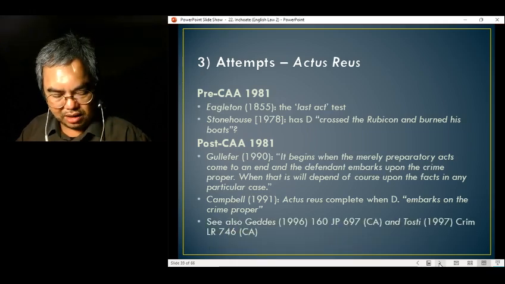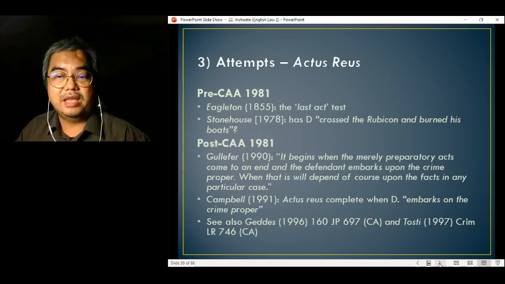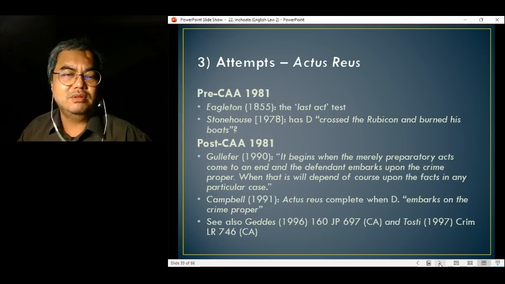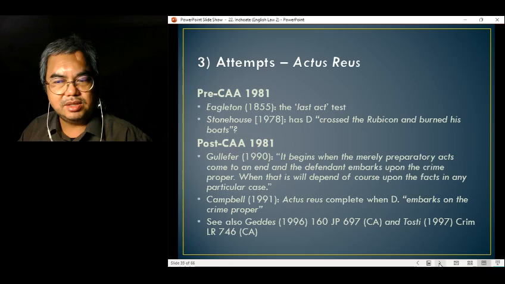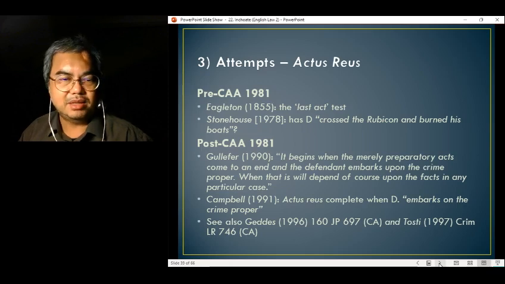Now, there are also other cases like Geddes and Tosti, which may not be very helpful to help us fully grasp when a person is considered to have committed merely preparatory acts. But looking at the facts of these cases, you may get a better idea.